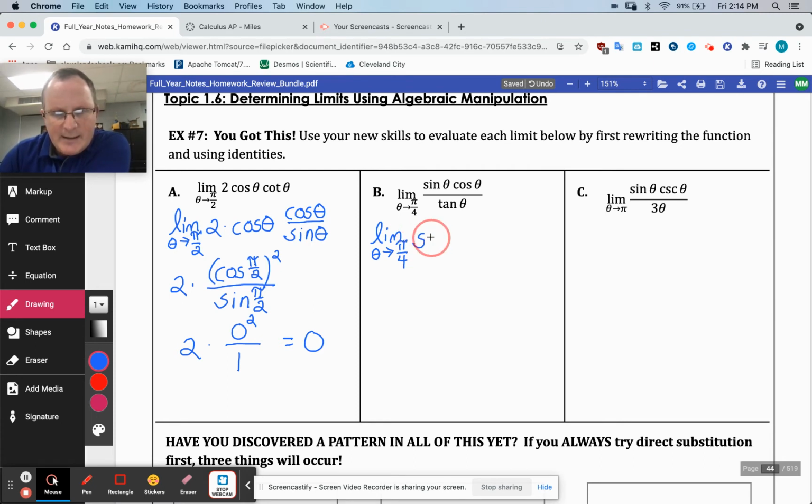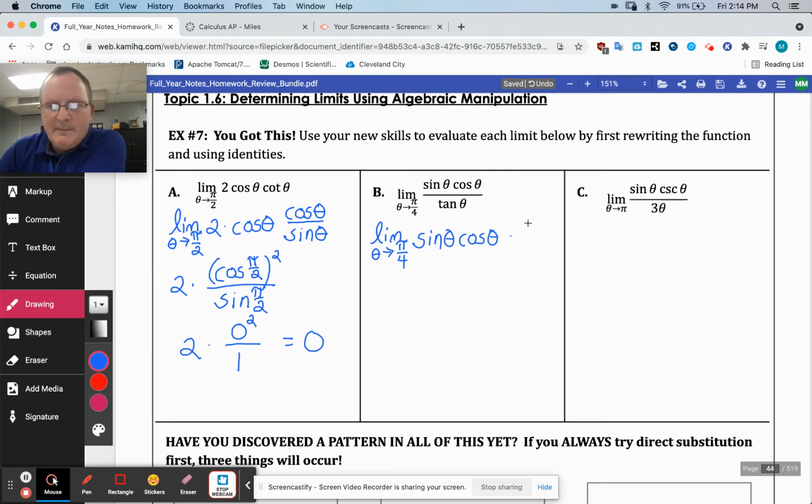We've got sine theta, and then cosine theta, but something's about to join that. All right, and this was 1 over tangent, but 1 over tangent is cotangent, just like we had over here. That's another cotangent.